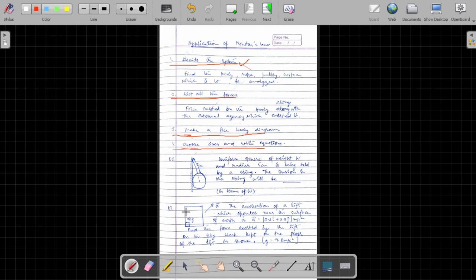Okay, so let us jump on to the questions. The first question which we have is that of a uniform sphere. There is a uniform sphere of weight W and radius 5 centimeter.